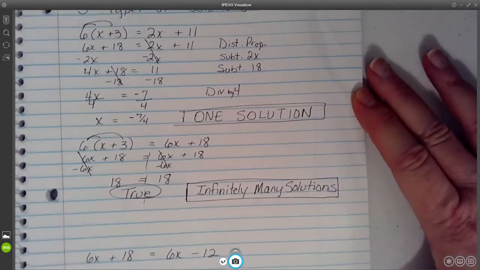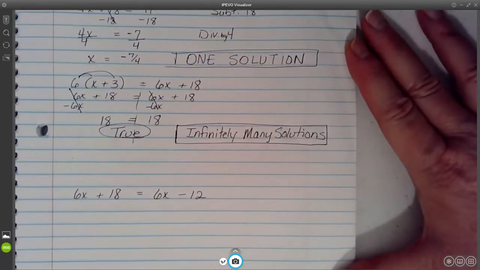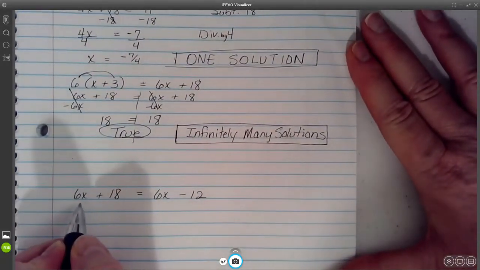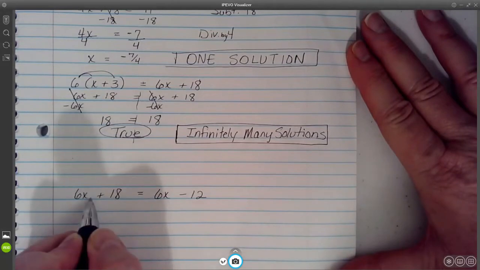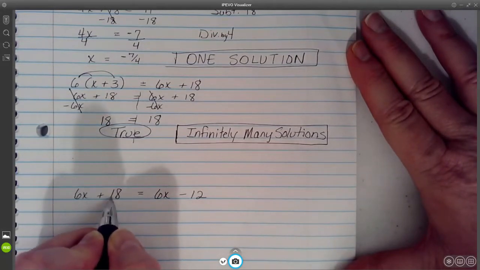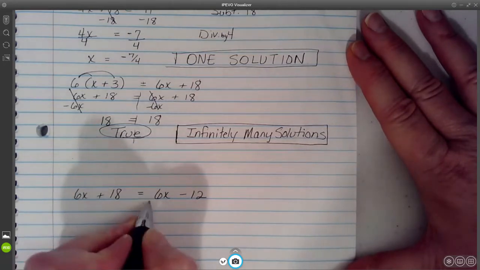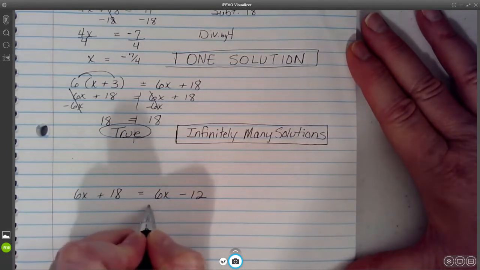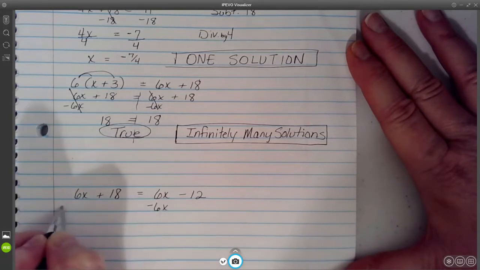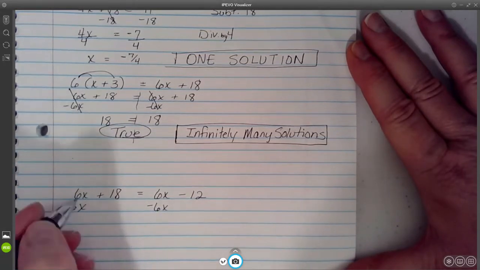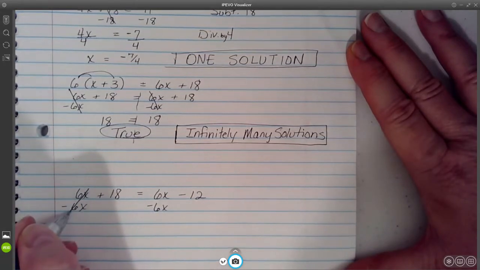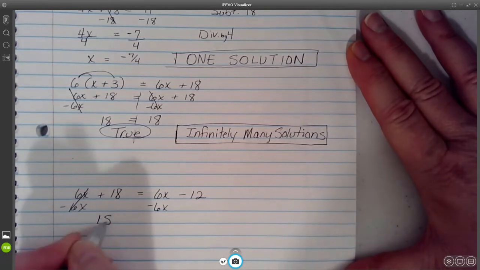The third kind of problem that you can get is here. This also looks weird. I have 6x on both sides, but they have different numbers with them. I'm going to go through the same steps. I'm going to get my variable off of the right side and try to move it to the left side. So this accidentally cancels, which is not my intent, but it does.